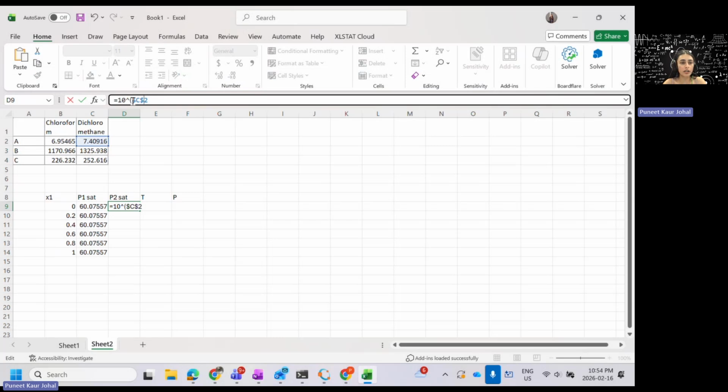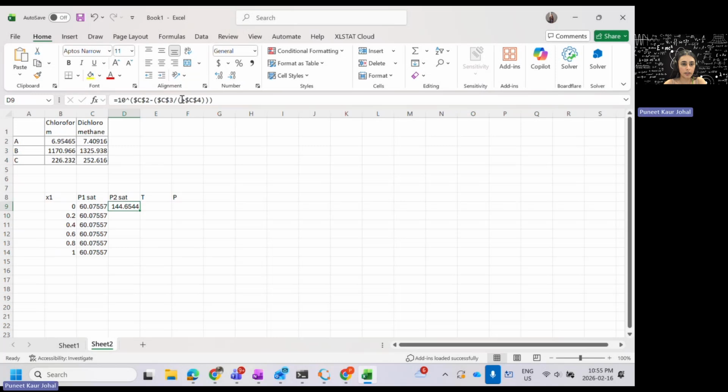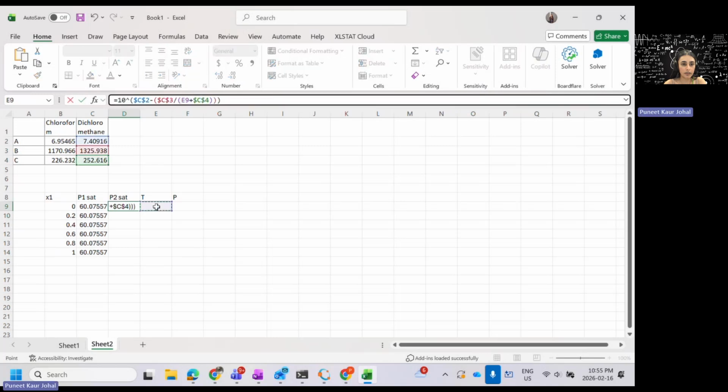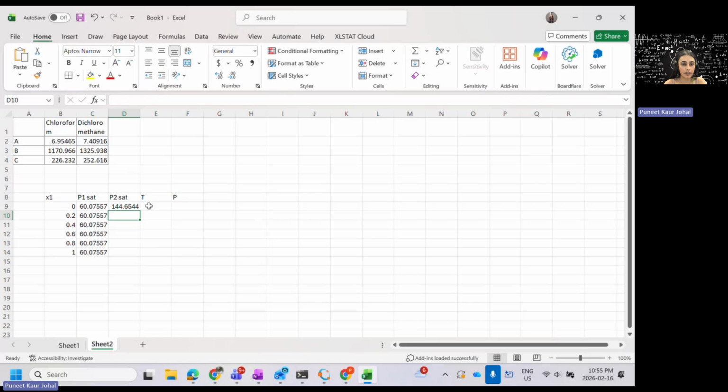So we're using the dichloromethane A value, minus the B value divided by T, plus C. I need to select T. Hold on, let's go back here and put T. Alrighty, I think this is good. And once I have established it, I can drag it down for the others.